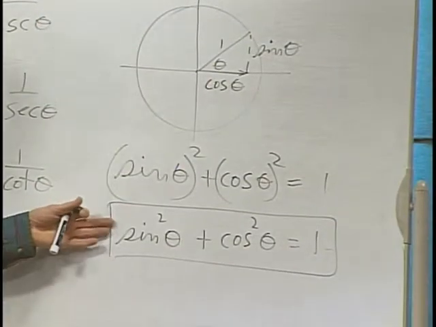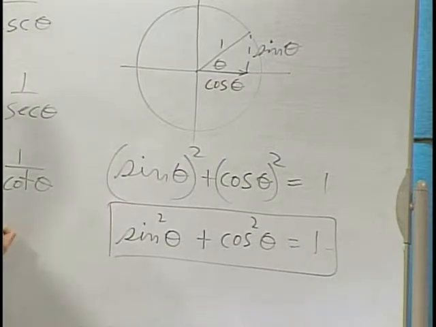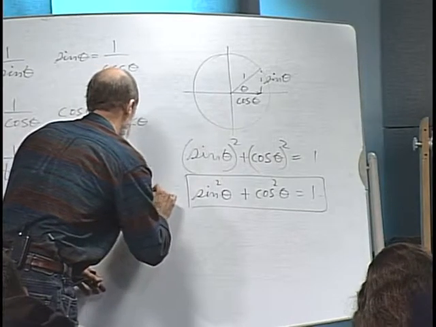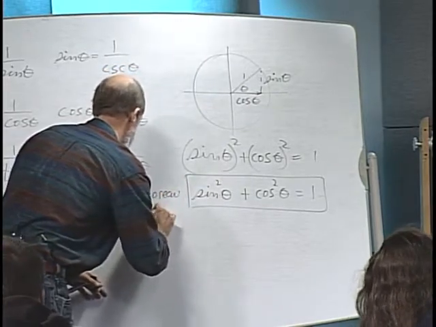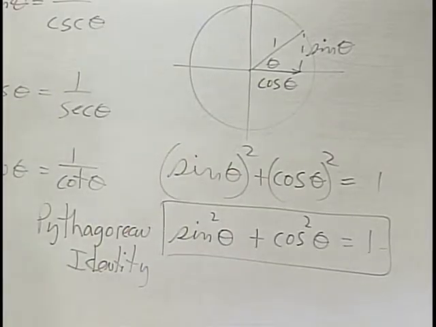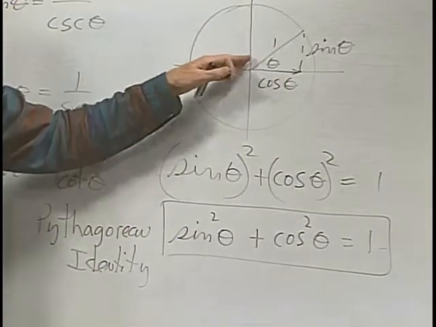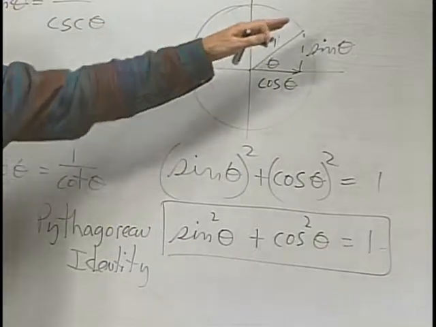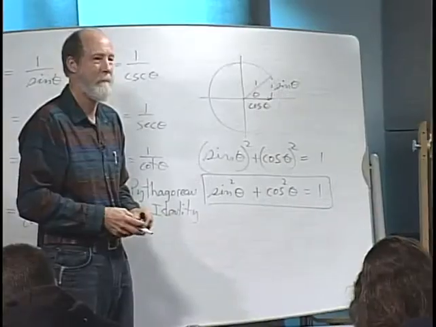That's called the Pythagorean identity. The hypotenuse on that right triangle is 1. Square it. Got it?